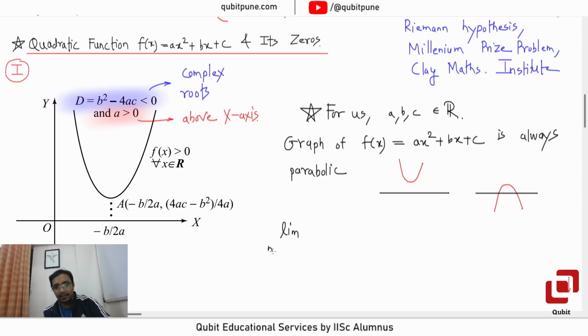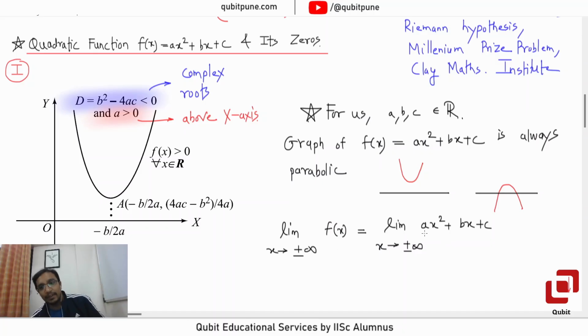You just find the limit as x tends to plus or minus infinity of f of x. Look, when we have a polynomial function, the largest power of x is always going to dominate the remaining powers, and it always happens for polynomials as x takes larger and larger values in magnitude, tending to positive or negative infinity.